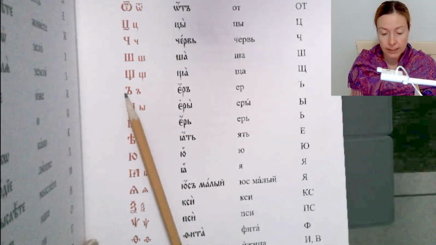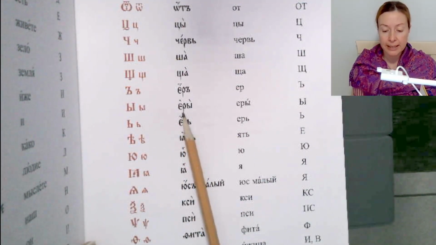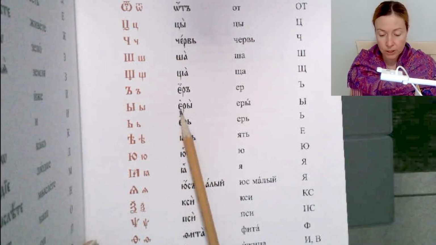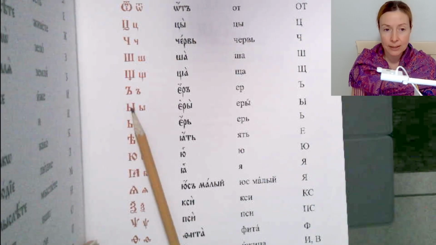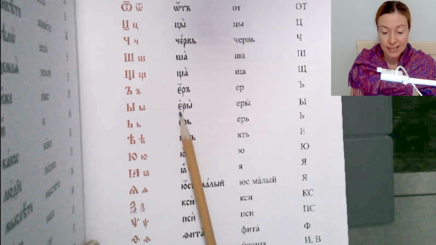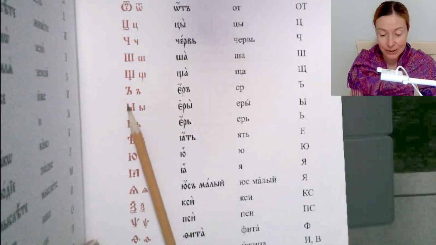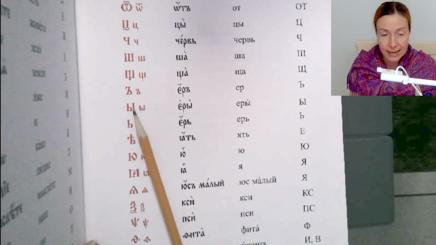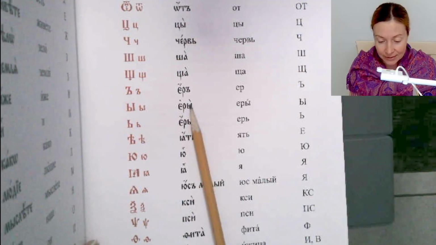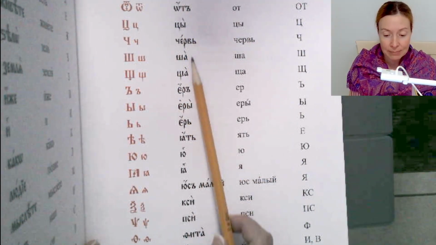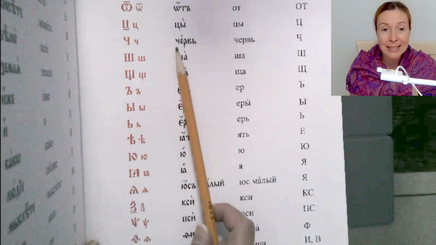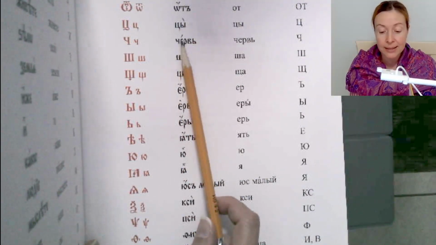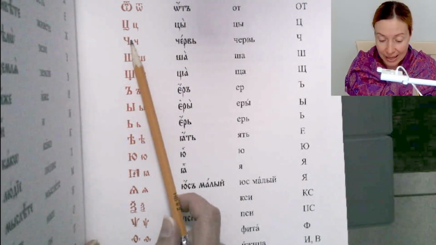This is yer, which doesn't have a sound. This one is yeri. This is the only letter whose sound doesn't start from it but ends its name. In the word yeri, the letter I is at the end, versus all the other names, where the name of the letter begins with that letter.